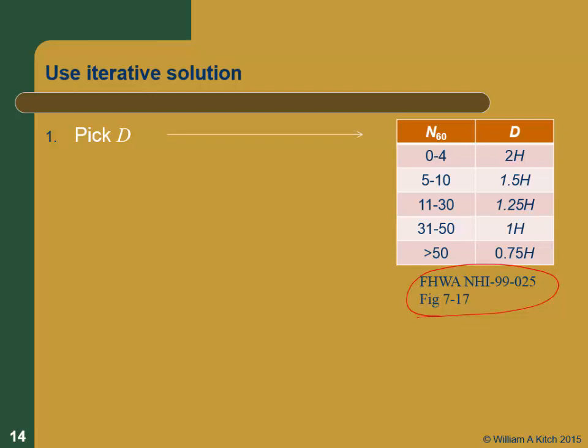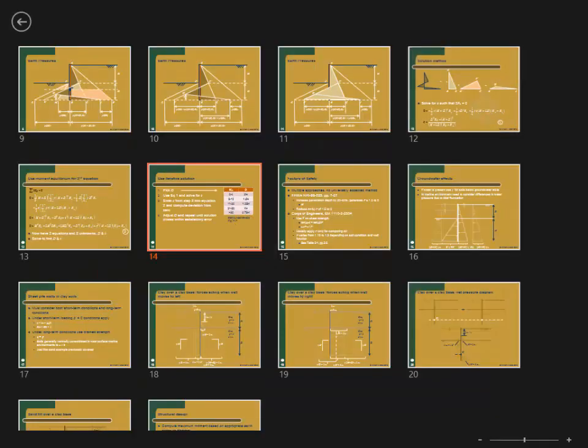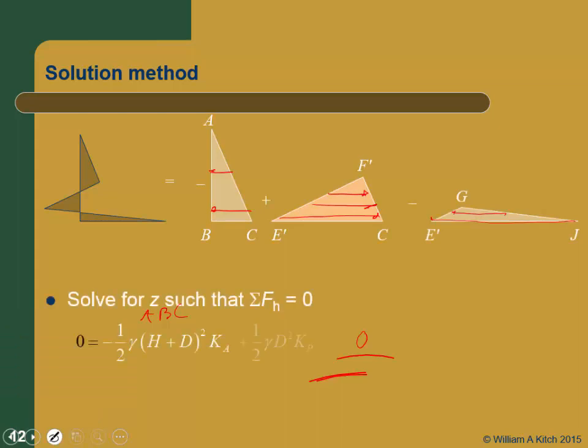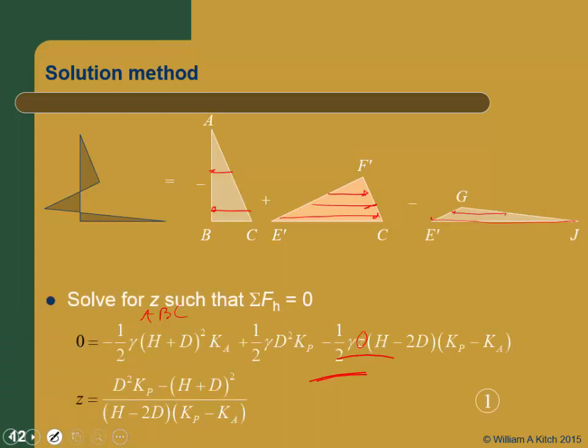But you need some place to start your iteration, so this is a good guidance that you can use, and it's based on the N60 SPT value for the sands. So you're going to pick one of those, and we're going to use our first equation. Remember, equation 1, we'd solve for z.